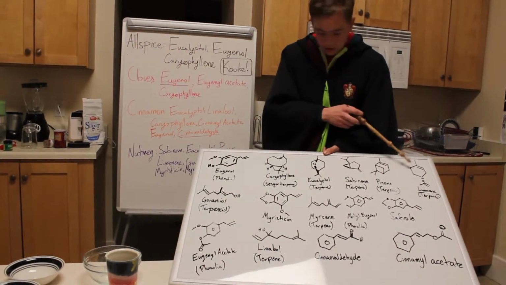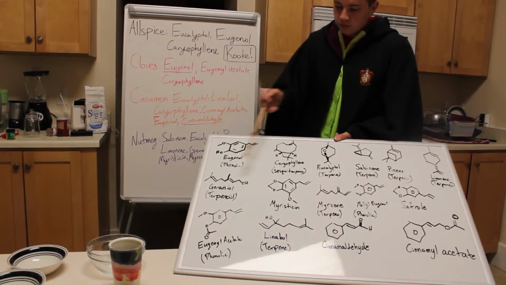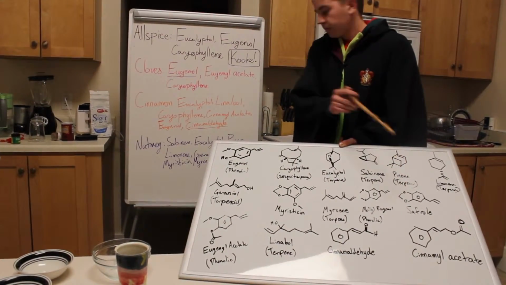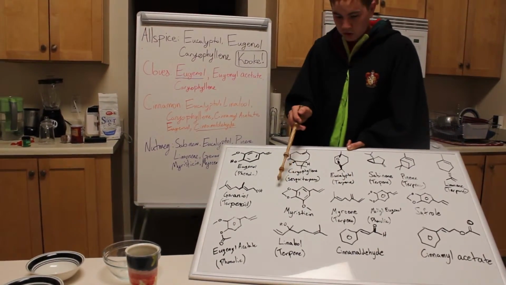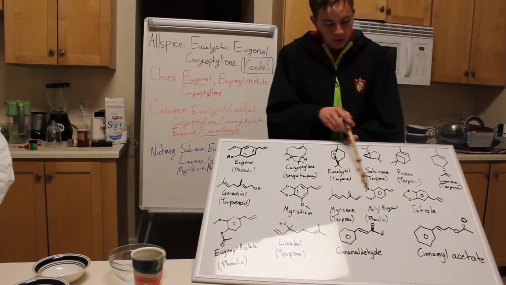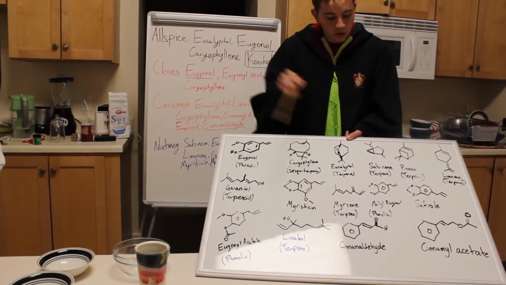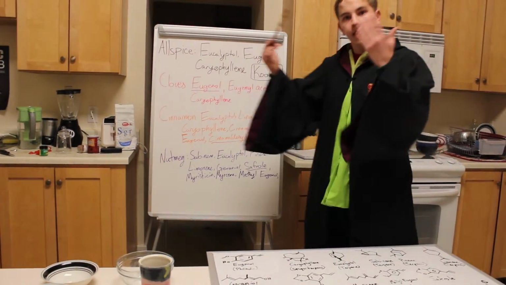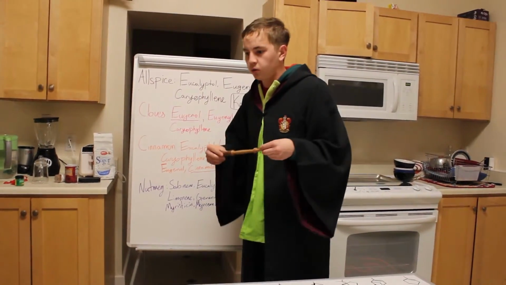Limonene, which is here, geraniol, safrole, myristicin, which is here, myrcene, and then methyl eugenol, which is here. And you'll notice there's just a change from this OH to a methoxy group. Like I said, these are all just going to add a lot of flavor and body to our kuka.